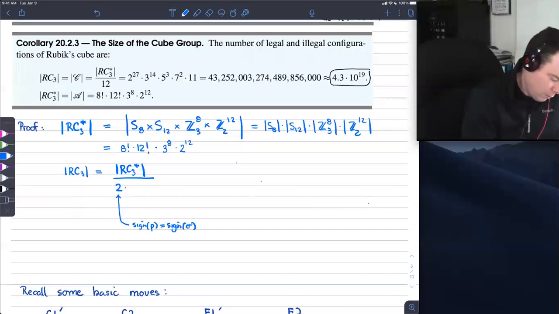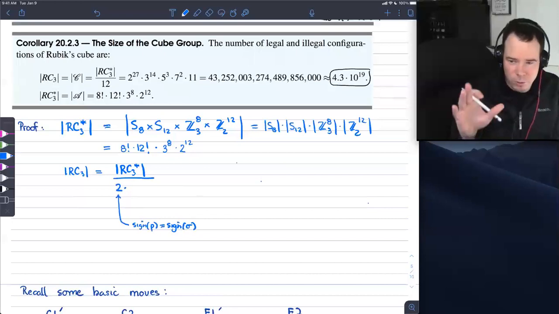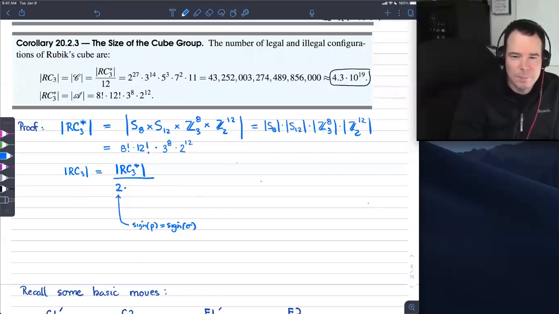What else do I have to divide by? Well, once I have put in 7 corner pieces and oriented them, the 8th corner piece, its orientation is forced upon me. So I don't have full flexibility. So for that 3 to the 8 that's sitting in the line above, that tells me for that last position, I've got 3 choices, but I really don't.